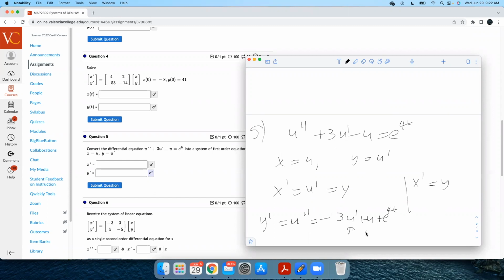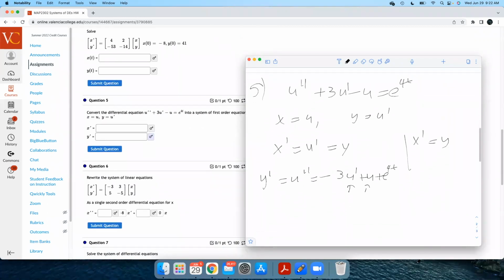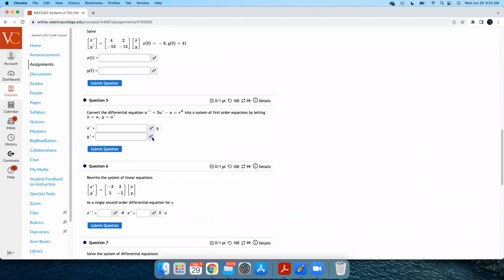These two already have names in terms of x and y. Remember, we're just converting everybody into x and y. u prime was y, and u was x. So that means my second equation, y prime, will be x minus 3y plus e to the 4t. And that's exactly what we get here.